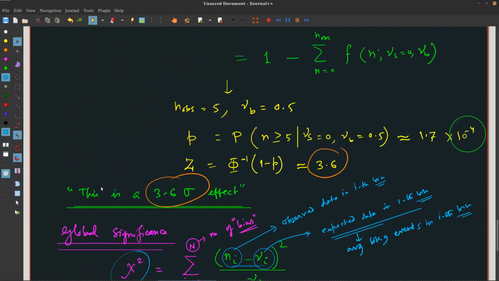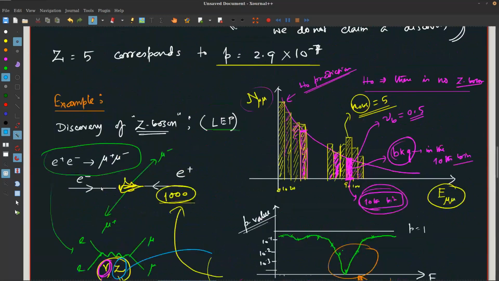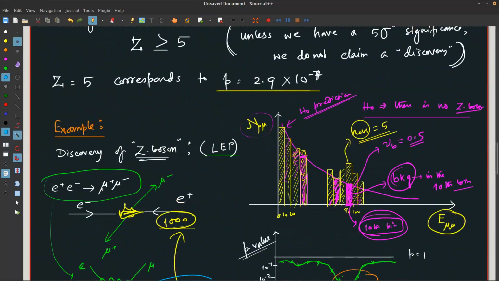So basically, what they do is that you actually apply a cut. First you try to distinguish signal from background. So suppose you have a cut over here, suppose this is E cut.